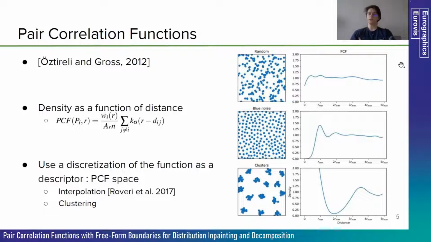As you can see here on the right, some examples. These PCFs can also be discretized and used as a vector embedding of points or distributions in a feature space that we call pair correlation space. And then in this space, some algebraic operations are available, such as interpolation, clustering, PCA, and so on.